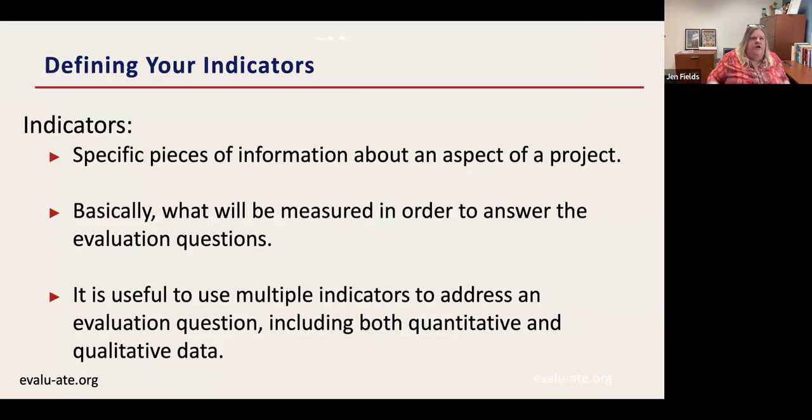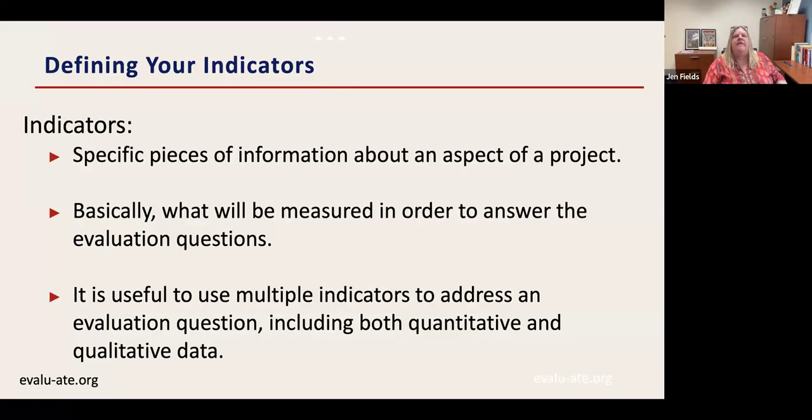So your indicators are what you're measuring. And again, it's useful to have multiple indicators. Some are quantitative, countable things. Some are more qualitative. In the example we saw, one of the indicators was the number of students that participated in each of the different activities or pathways. Another was the percentage, so numbers, percentage, maybe some of the demographics about the people who participate. But then it had some questions about the students' perceptions.